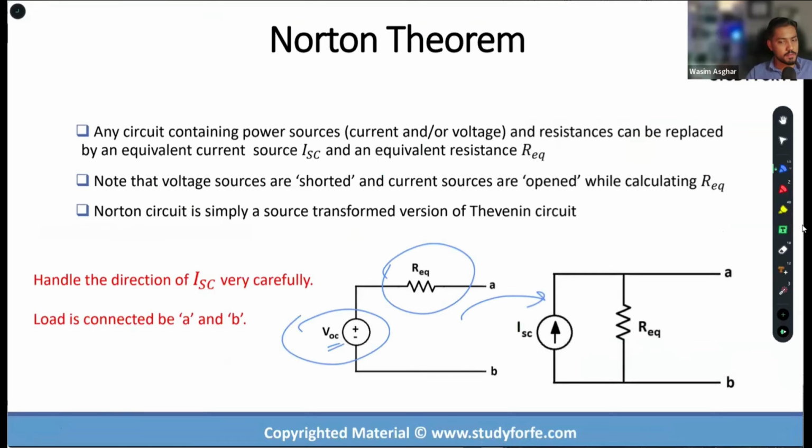So how can we do this? We basically, instead of using a voltage source, we have to use a current source. Fine. How can we convert a voltage source into a current source?